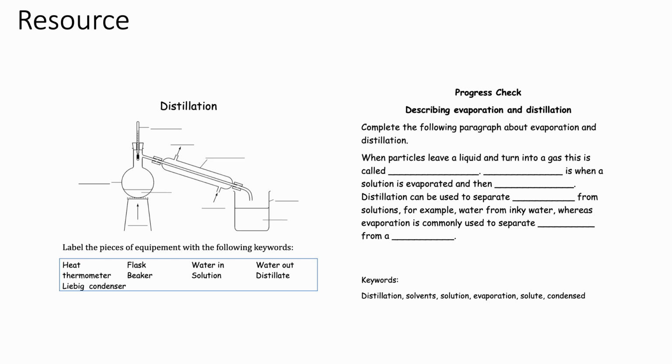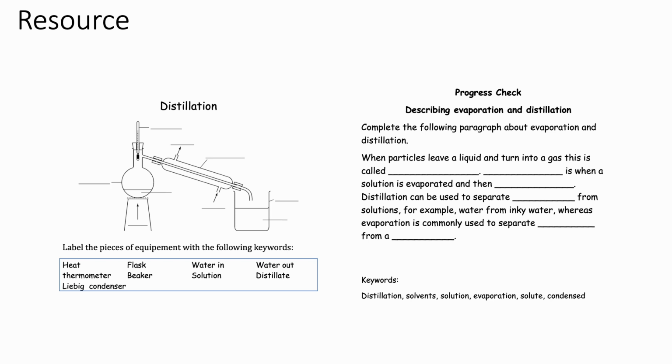Then on the right hand side I have a progress check, which was to do with describing evaporation and distillation. So this was just a simple gap fill. All I needed them to do was complete the following paragraph about evaporation and distillation. They had keywords at the bottom of their sheet, and all they needed to do was put the keywords in the correct order.